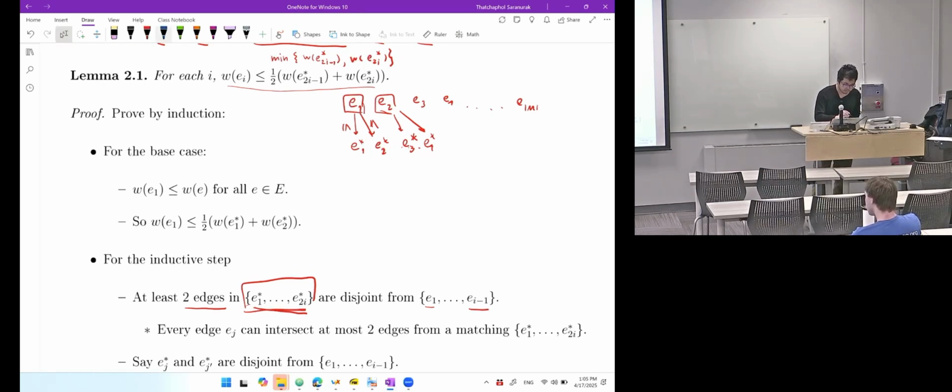So I mean, maybe I draw it with this color here. This is M, this is E1 up to E_{i-1}, and this one looks like this.